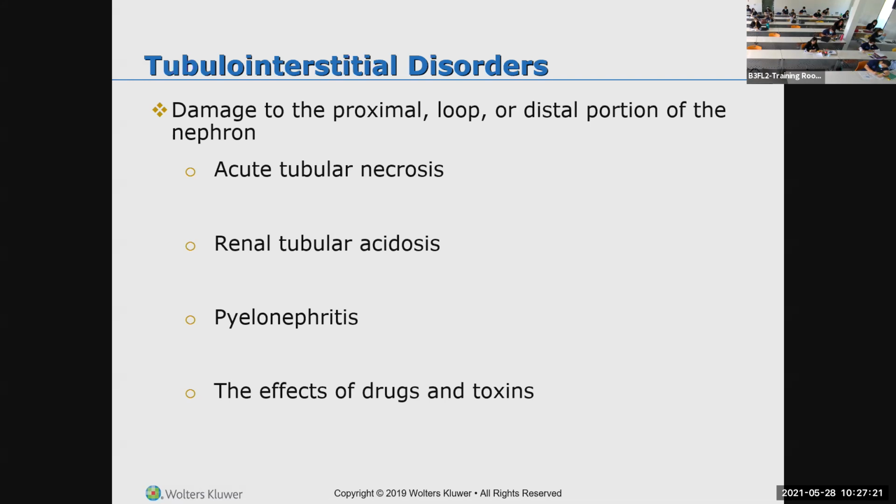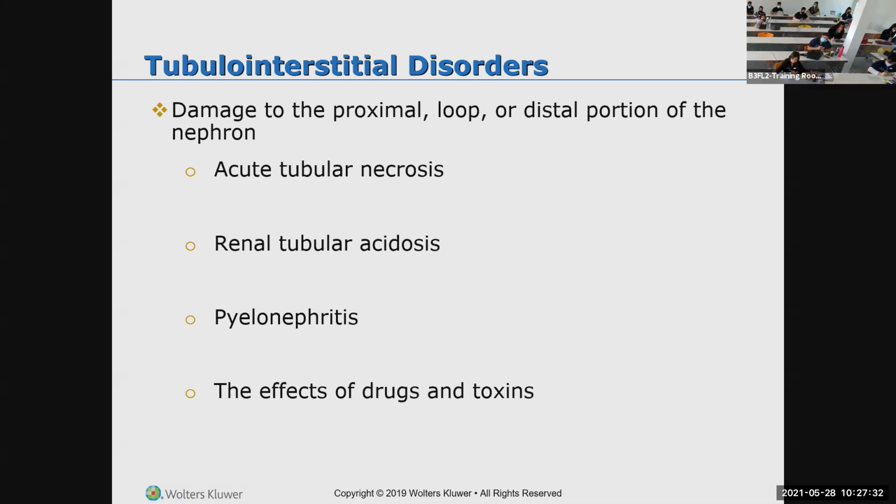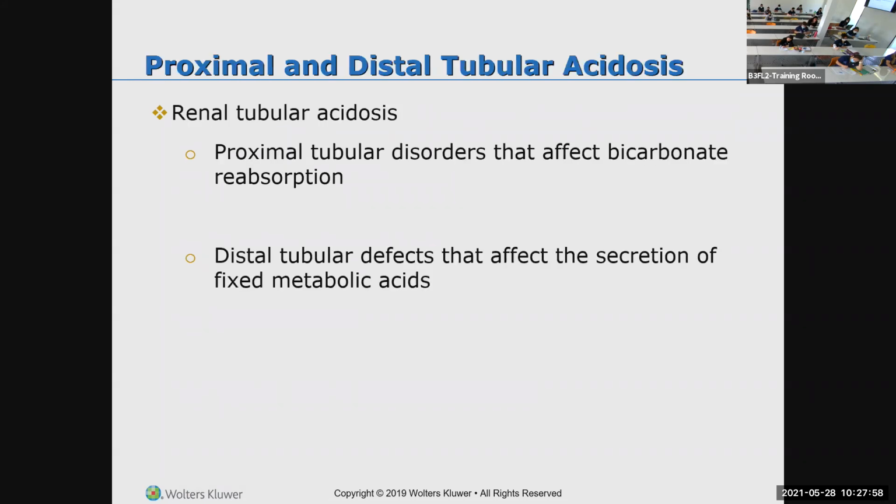And I mentioned some nephrotoxic drugs, like non-steroidal anti-inflammatory drugs. I mentioned Advil a couple of times, and gentamicin. Even though they have nephrotoxic effects, we need to be careful when prescribing. Sometimes we have to prescribe because the culture report came back that gentamicin is effective. Renal tubular acidosis, maybe proximal type, maybe distal type.